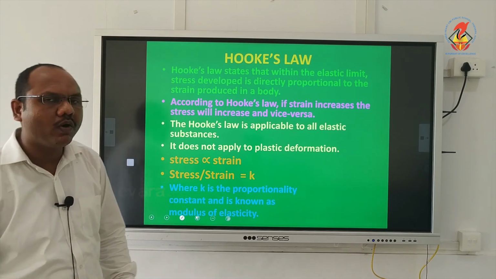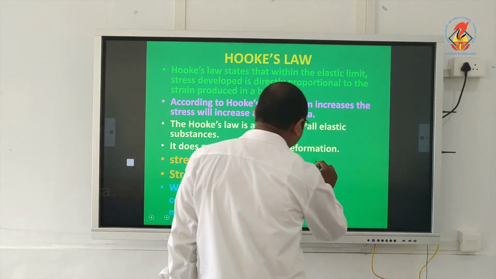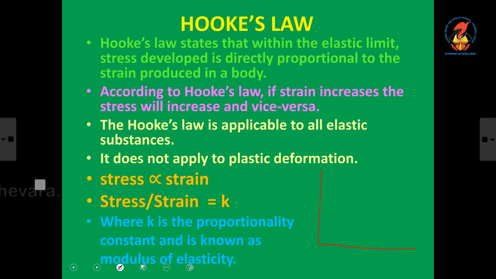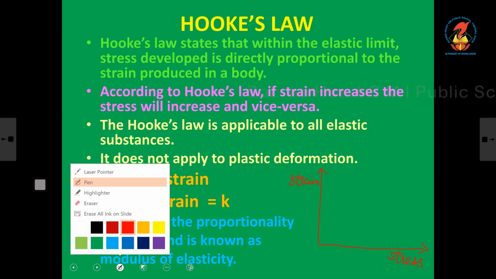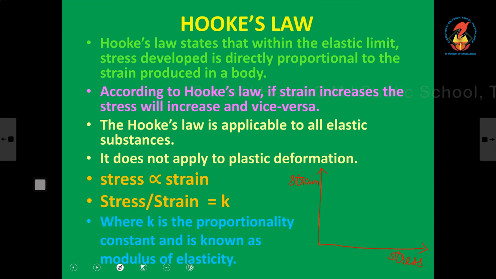So if I draw a graph connecting stress and strain, how will the graph look like? So I apply the stress, then the strain will also be there. So I draw the stress in the x-axis and strain in the y-axis, and as I told you, when the stress is increased, strain also increases, and stress is directly proportional to strain.